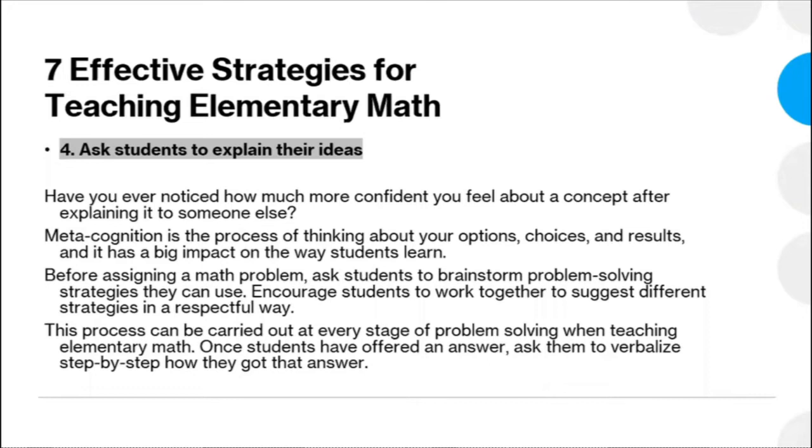Before assigning a math problem, ask students to brainstorm problem solving strategies they can use. Encourage students to work together to suggest different strategies in a respectful way. This process can be carried out at every stage of the problem solving when teaching elementary math. Once students have offered an answer, ask them to verbalize step by step how they got the answer.